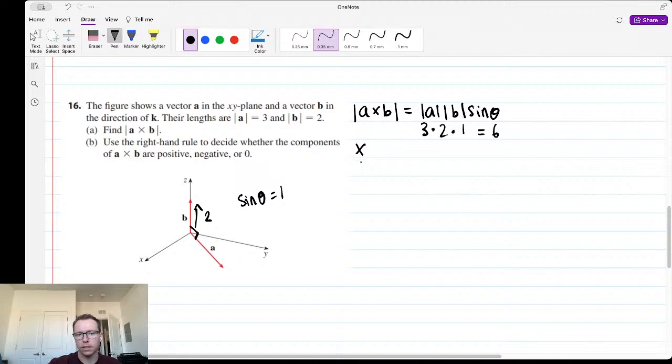So like X is something, Y is something, and then Z is something.